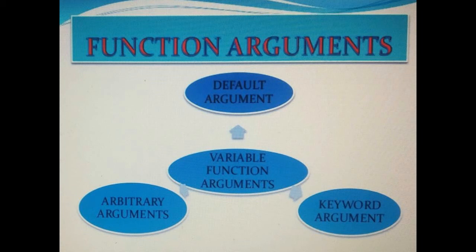And the alternative names for parameters are formal parameter and formal argument. In this page, we will see the different types of arguments. They are as follows: default argument, keyword argument, and arbitrary argument.